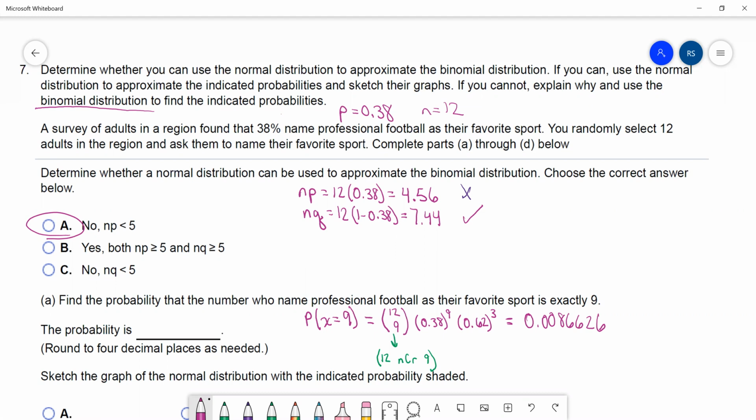And then what's it say? Round to 4 decimal places. So the probability is 0.0087.